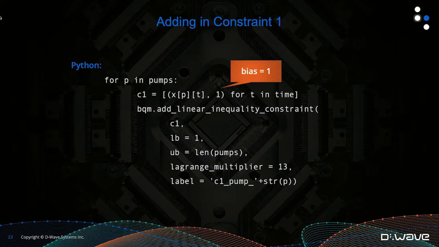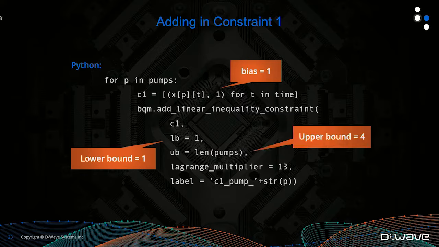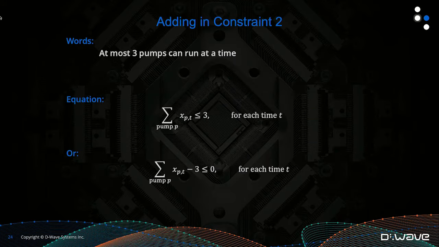So in that math expression that we had, each one of those binary variables was multiplied by 1. We had our lower bound of 1. We needed that sum to be greater than or equal to 1. We had our upper bound, which should be 2. That was the total number of time slots. If we had them all turned on, if we had for that pump, we used it during every time slot, that would be 2. And then we have our constraint is added in.